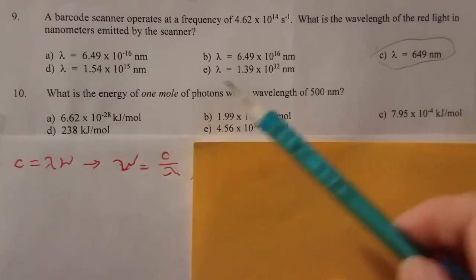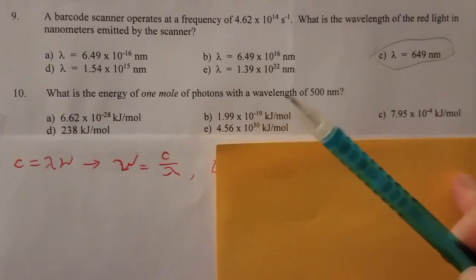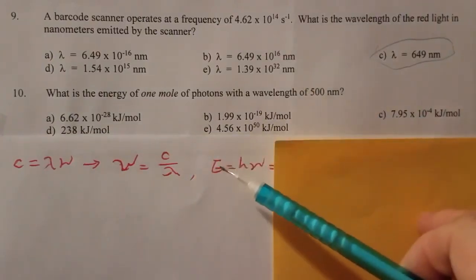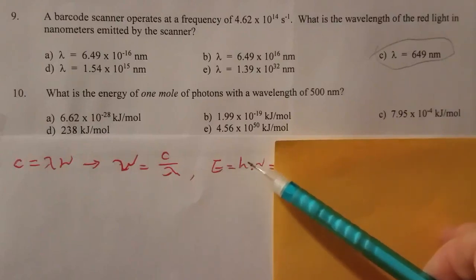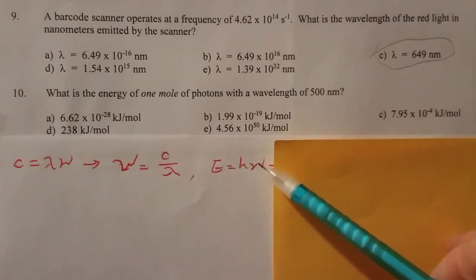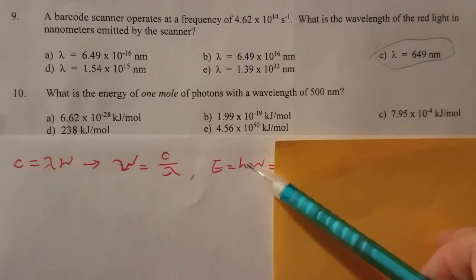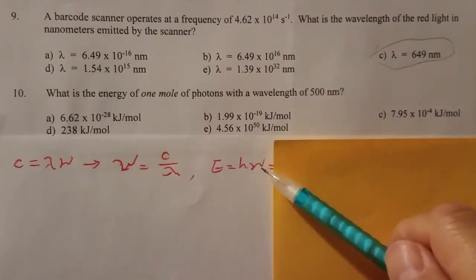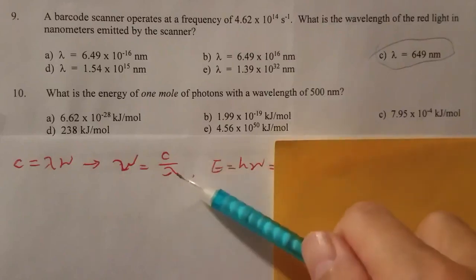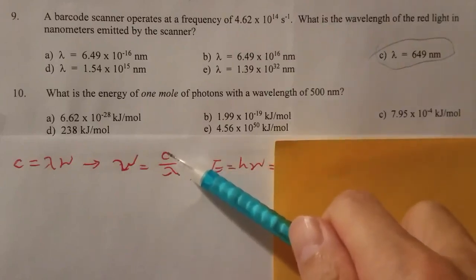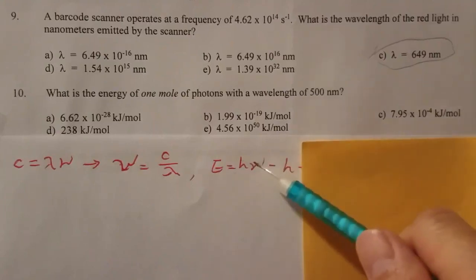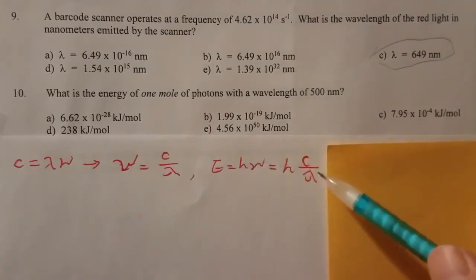The other key equation describing light property is the energy equals h times the frequency, where h is the Planck constant. We don't know the frequency directly, but we do know the wavelength and the speed of light constant. So we just replace nu with c over lambda.